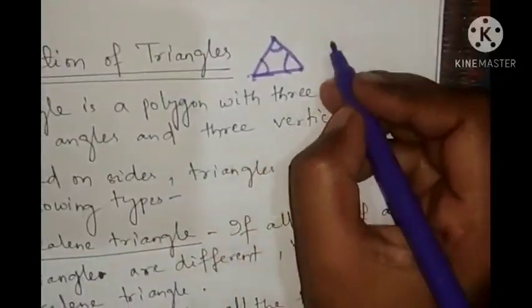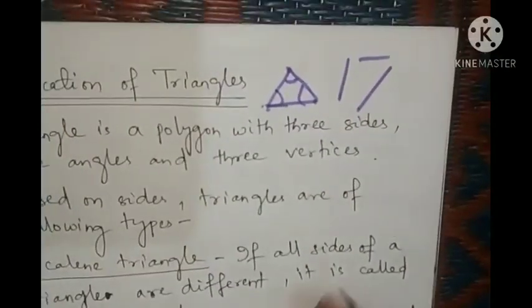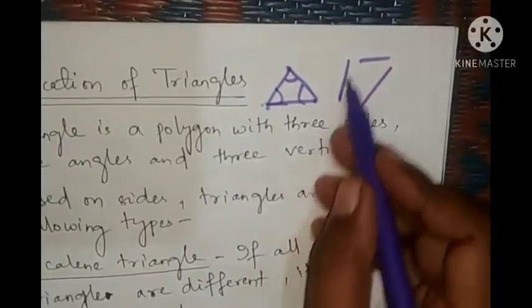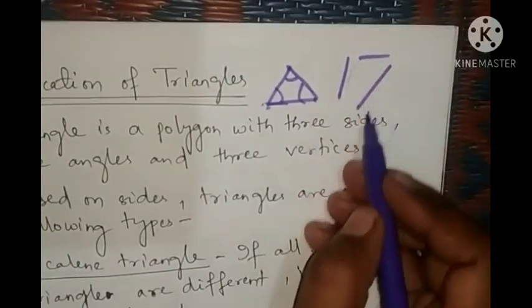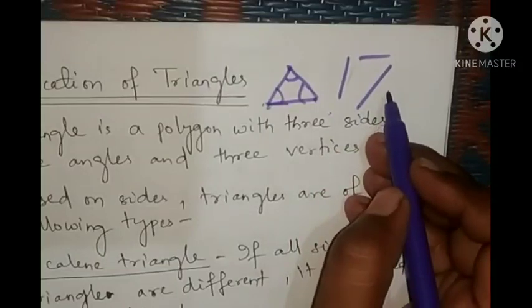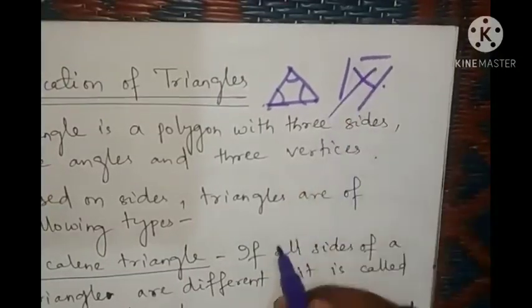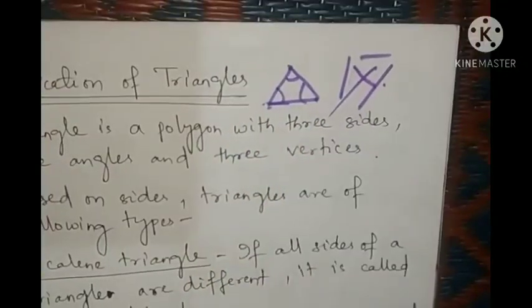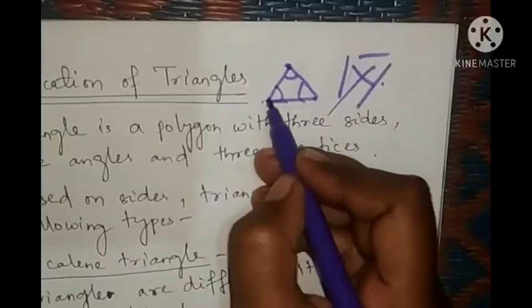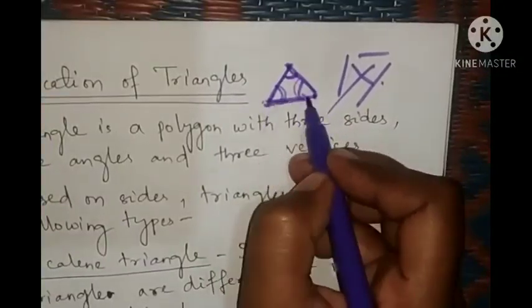If it is like this, is it a triangle? Here we have 3 sides, but it is not a triangle because it is not a closed shape. It is not a polygon. It is not a closed figure. That's why it is not a triangle. So a triangle needs to be a polygon, a closed shape, where you can find 3 vertices, 3 angles and 3 sides.